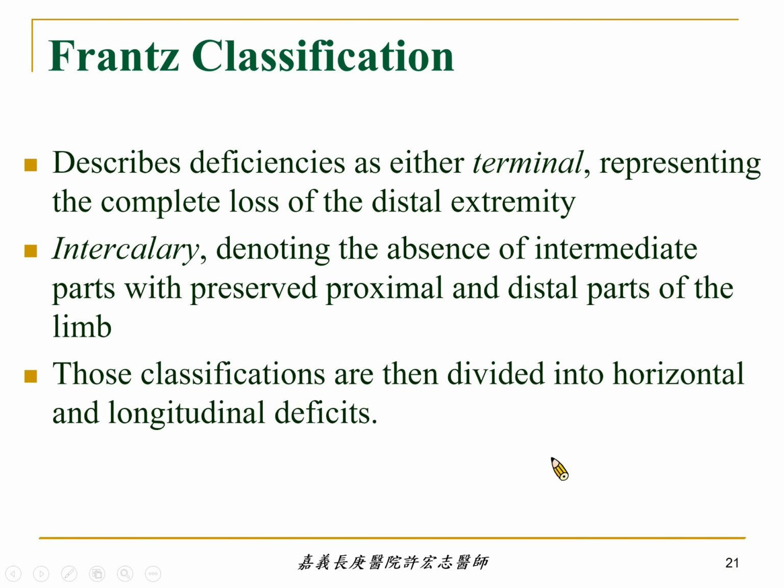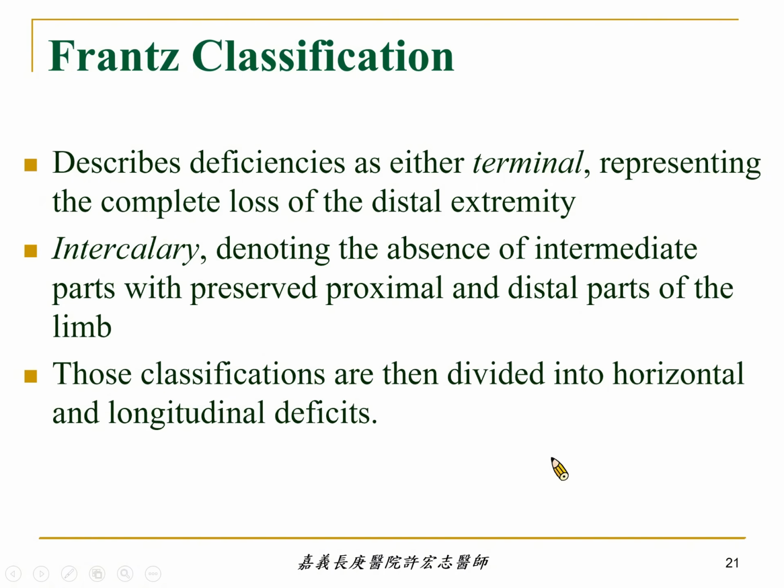OK, so the French classification describes deficiency as terminal, which means that the distal extremity is completely lost. If the proximal and distal parts are present but the medial part is absent, we call that intercalary.